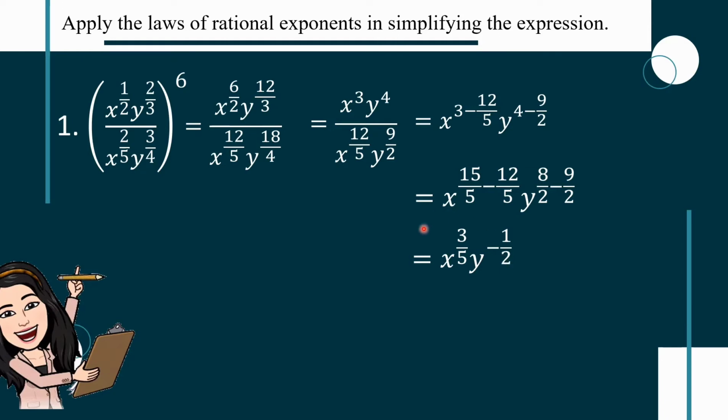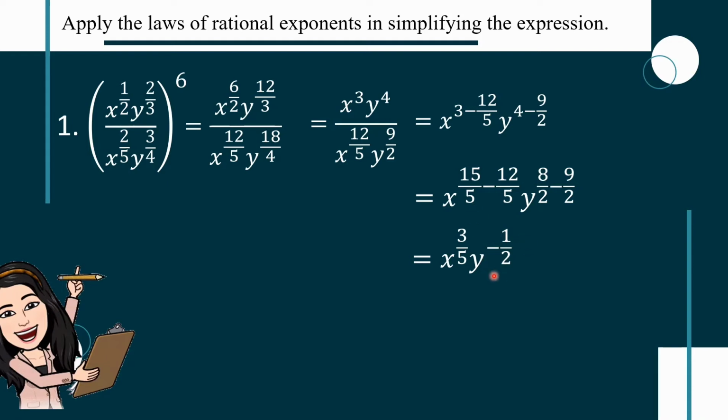Since our answer here involves a negative exponent, if you recall in our zero and integral exponents, it is not in simplified form when there is still a negative exponent. So we need to write it with a positive exponent. How do we make this positive?